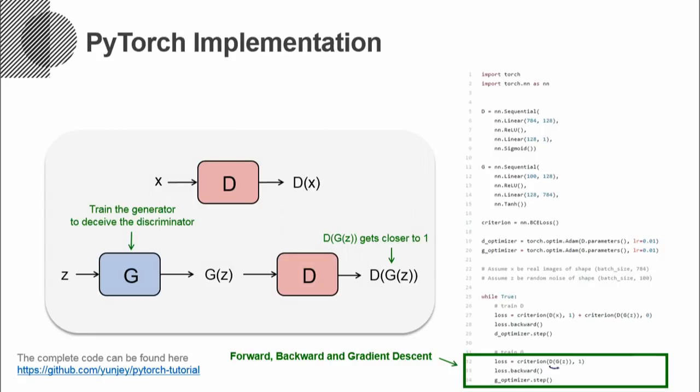So we want to have this generator output to be as close to 1 as possible, which actually deceives our discriminator to think of our fake image as a real image. So the corresponding ground truth label is set as 1, and then through backpropagation, we optimize the parameters contained in our generator network.